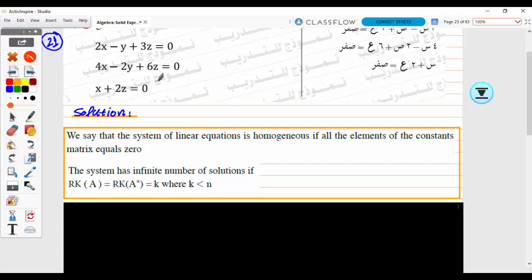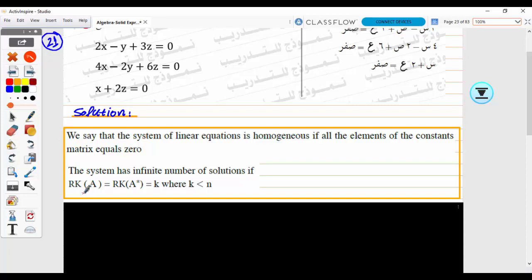Here, what is the number of variables? We have x, y, and z. We have 3 variables. So if the rank of A equals any number less than 3, we can say that the system has an infinite number of solutions.